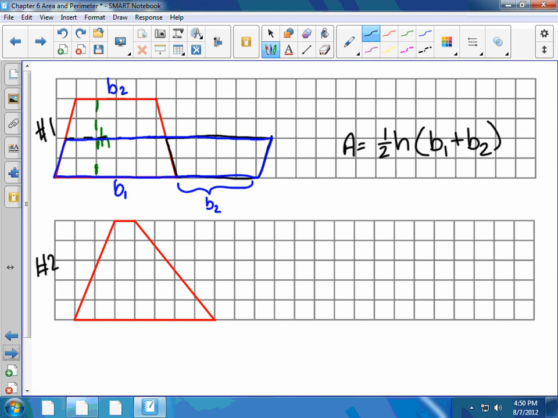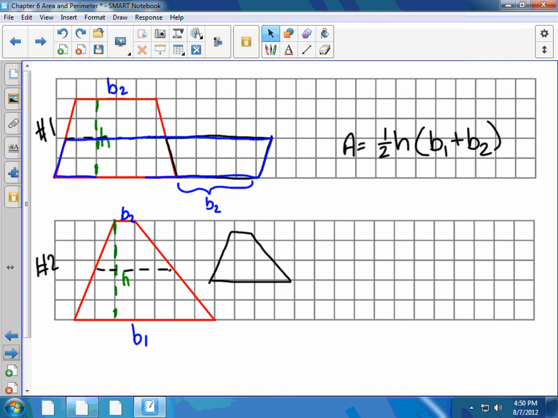And just to show you again, we'll do it with another trapezoid. So we take a look at this second trapezoid. I'm going to label the bases. So here's base 2. And I'm going to erase this base 1 here so we don't get confused. And here's base 1. Here's the height. And the height is 5, so that means that the cut point is going to happen at 2.5. So right about there. And so I'm going to get this quadrilateral.